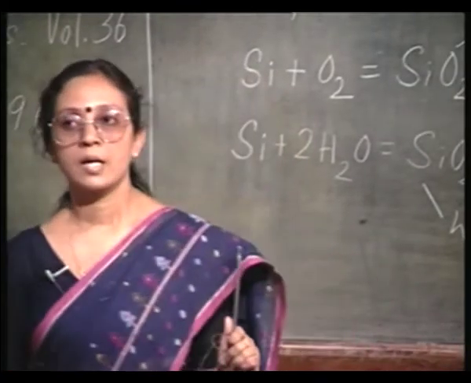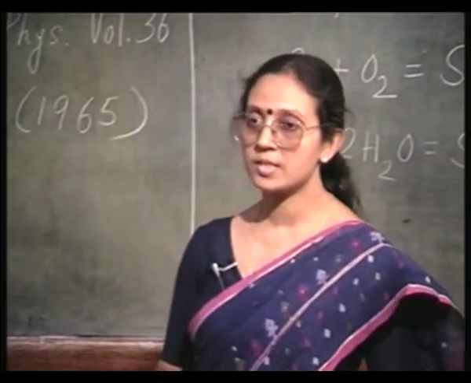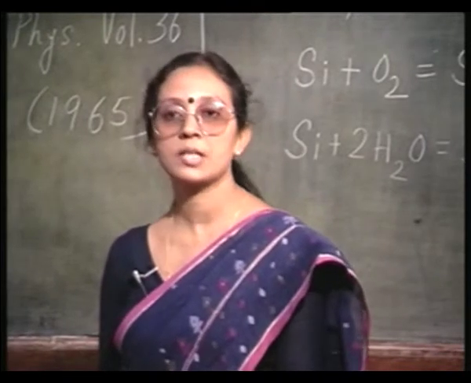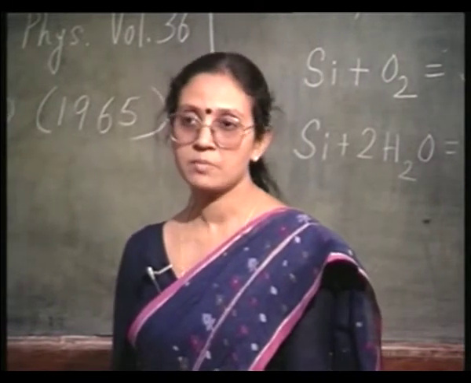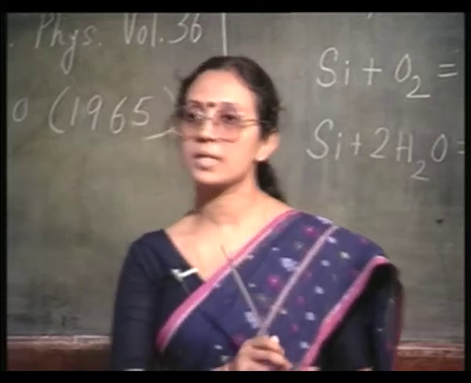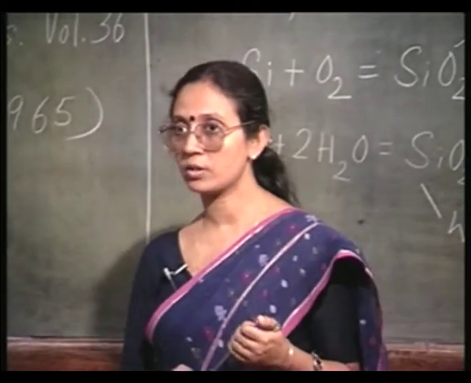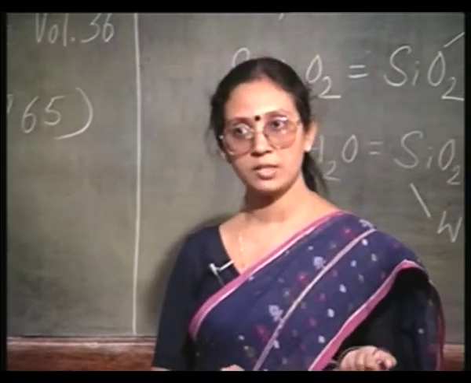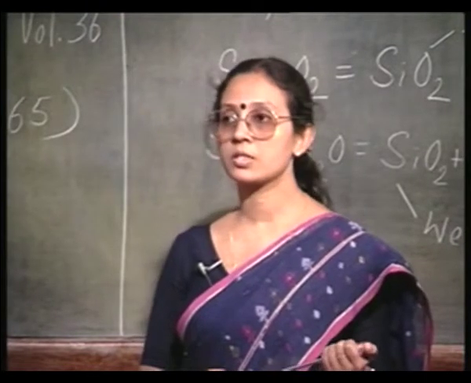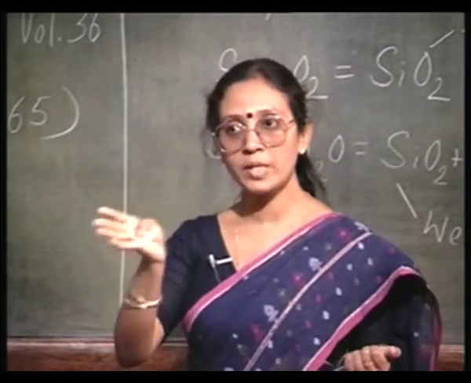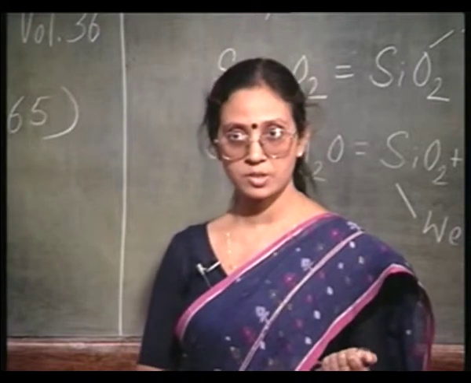Once these oxidizing species have reached the oxide gas interface, they must diffuse through the existing oxide layer to reach the silicon oxide interface, because oxidation takes place by the movement of oxidizing species inside.